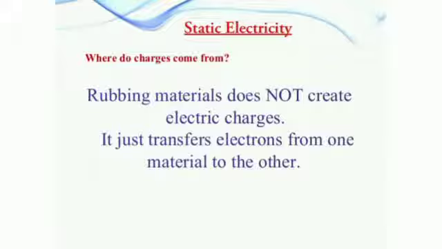And you all know very well that if the objects have the same charge, they will repel, and if the objects have opposite charges, they will attract. We have learned this in the previous video. And mostly the charges in an object are equal and balanced. Static electricity occurs when the charges become imbalanced.